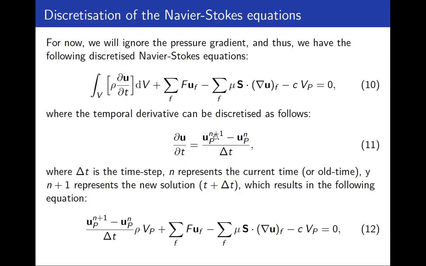That means the velocity evaluated at t, the current time, plus the time step. So if we substitute this temporal discretization scheme into equation 10, we obtain the following equation, which is easy to evaluate.